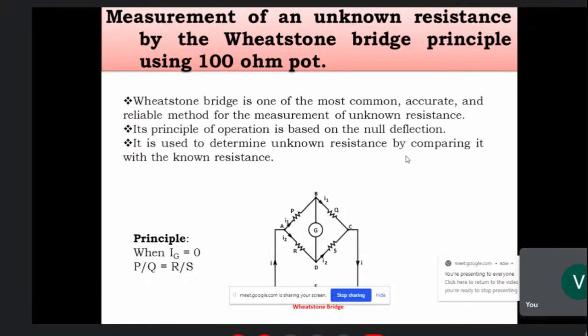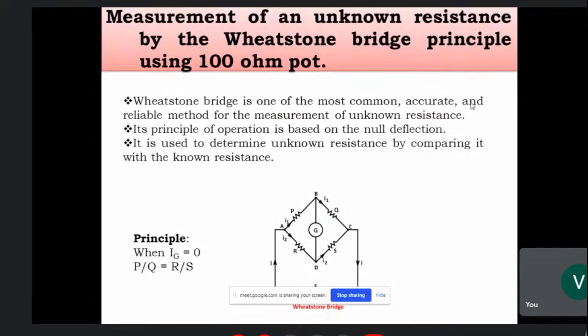Next experiment is measurement of unknown resistance by the Wheatstone bridge principle using a 100 ohm potentiometer. Actually, unknown resistance can be measured by meter bridge.